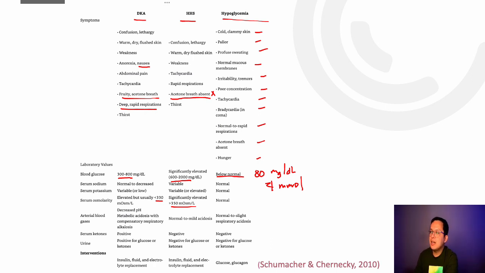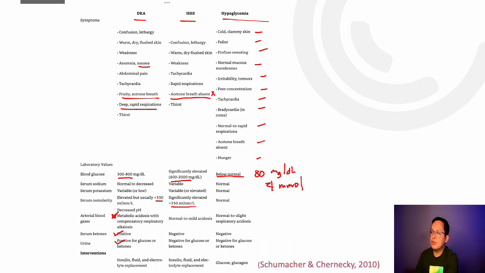Arterial blood gases: metabolic acidosis with compensatory respiratory alkalosis. Always remember that patients with DKA always have metabolic acidosis with compensatory respiratory alkalosis. HHS is normal to mild acidosis. Hypoglycemia is normal to slight respiratory acidosis. Serum ketones are positive for DKA, which is its main characteristic, and negative for both HHS and hypoglycemia.